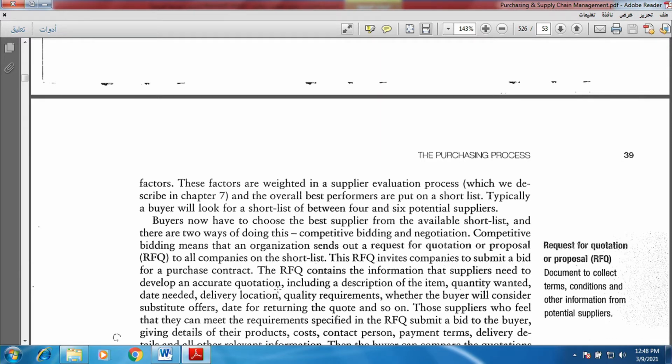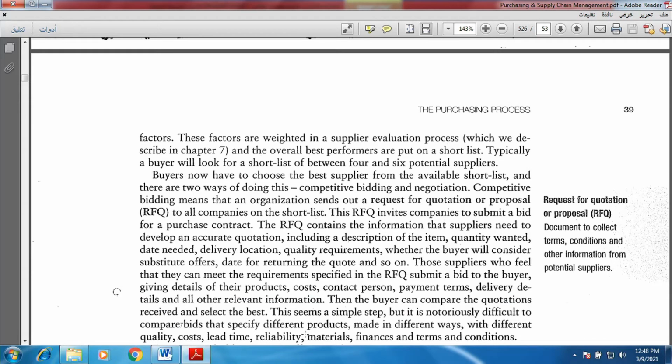So the RFQ includes lots of information: descriptions of the items, quantity, quality, delivery, location, terms of payment, whatever you want to see. You can read it in the paper to have the full picture and the complete understanding of this mission or of this delivery of the materials.